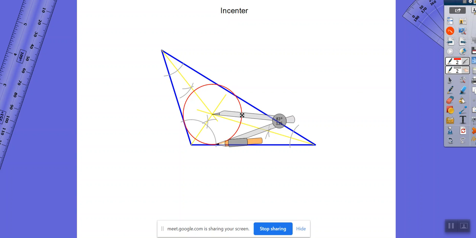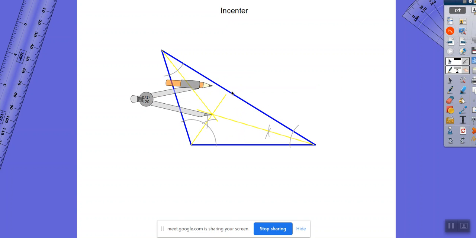So why is that? There we go. Mine's a little bit off, but the compass broke a hole in the paper, so. That's all right.